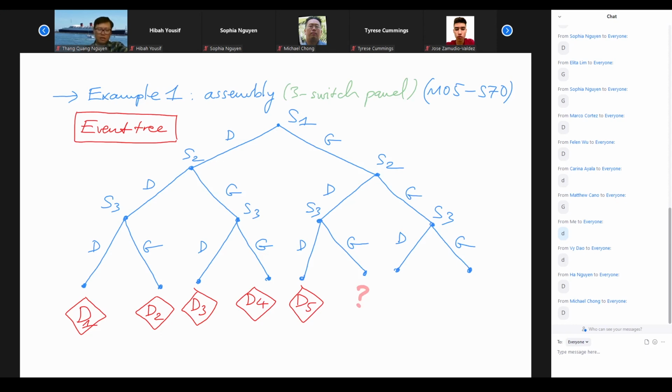So actually, this overall outcome right here is defective because even though we see the good right here, and we see the good down here, along the way, we also have another defect here.